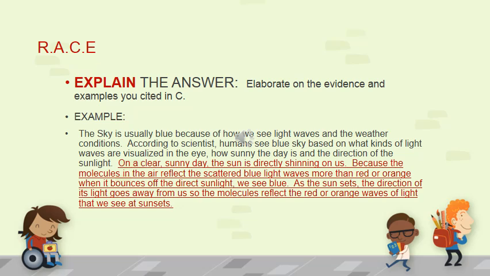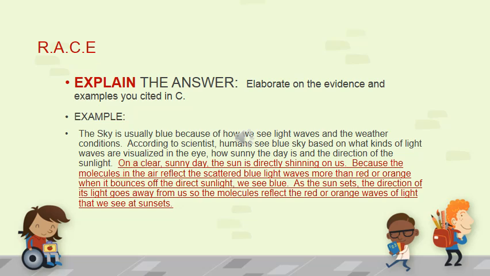Here comes our explanation. On a clear sunny day, the sun is directly shining on us. Because the molecules in the air reflect the scattered blue light waves more than red or orange when it bounces off direct sunlight, we see blue. As the sun sets, the direction of its light goes away from us, so the molecules reflect the red or orange waves of light that we see at sunsets.